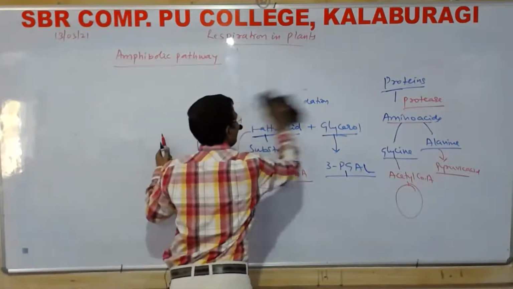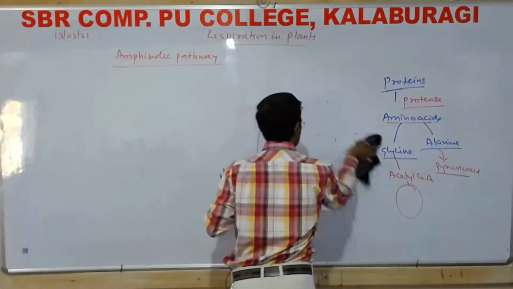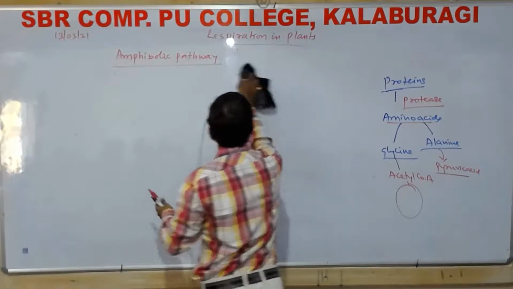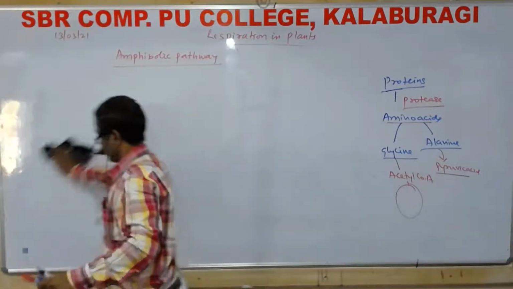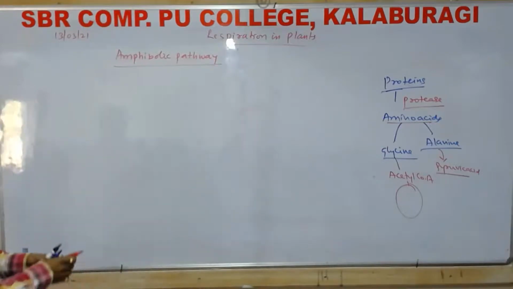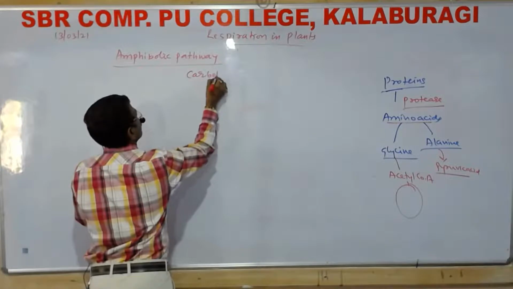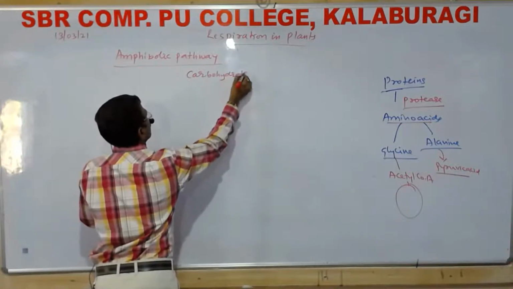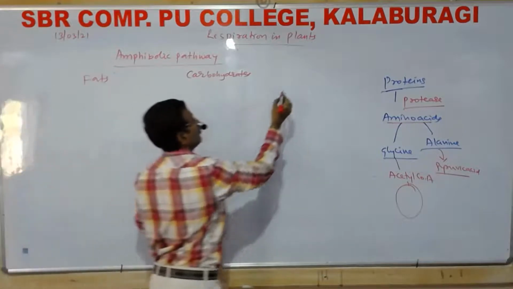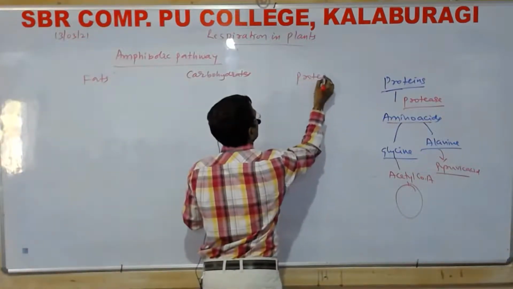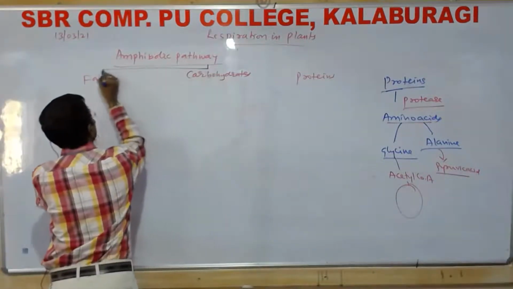So initially it involves catabolism, where breakdown of the complex organic compounds will be there. Carbohydrates, fats, proteins. These are what we call the respiratory substrates.